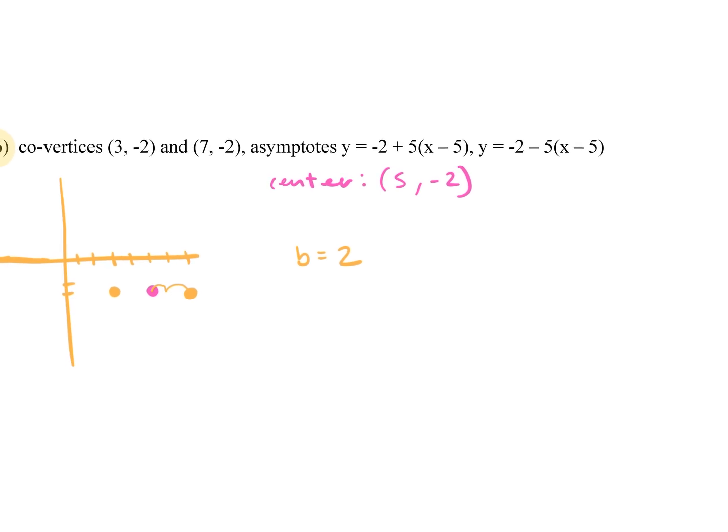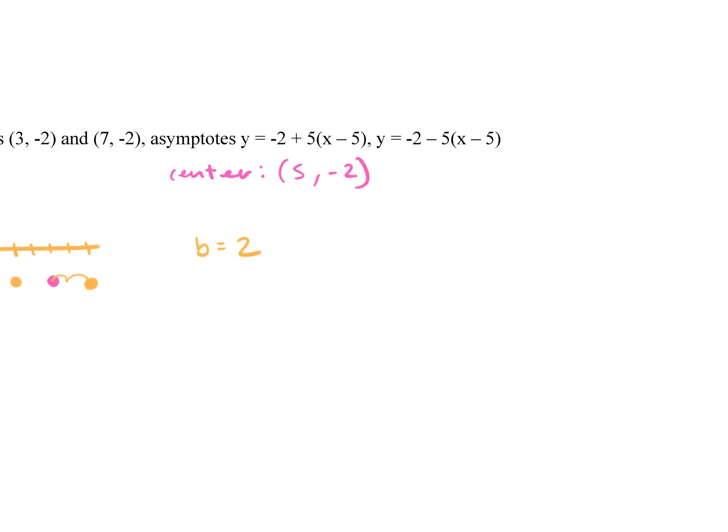We don't know what a is yet, but we do know since the covertices are horizontal, that means our vertices would be vertical. So in a vertical hyperbola, what comes first, the x or the y? The y would come first. So we have y minus k squared over a squared, because for hyperbolas, a always comes first.